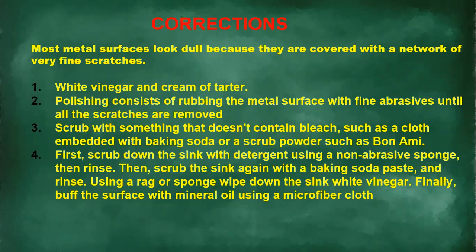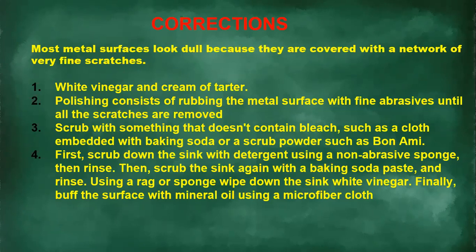Okay, and when it comes to zincs, for example, you can scrub the zinc with a detergent or soapy substance, and then you can use a non-abrasive sponge to rinse it. And then you can scrub the zinc again with baking soda paste. You can mix it a bit with water and then rinse, or with a soapy substance, and then you can use a regular sponge to wipe down the zinc with vinegar, okay?